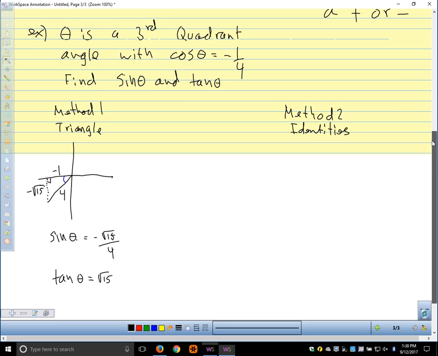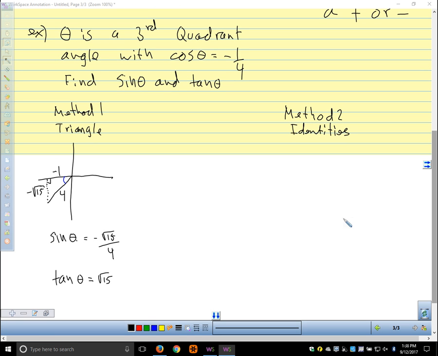For the second method, let's use identities. Don't we have a nice identity that gives us a relationship between sine and cosine? Sine squared theta plus cosine squared theta equals 1. So sine squared theta plus (-1/4) squared equals 1.